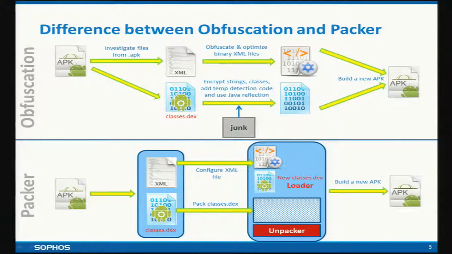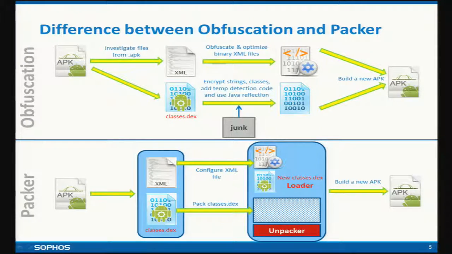APK. On the other side, the packer will also investigate these files, including the XML and classes.dex. It will configure the XML file to make sure that the unpack component will be loaded initially, and it will encrypt the original DEX file and place it somewhere, especially in the assets folder. It will replace it with a completely new DEX file with functionality to load that unpack component.